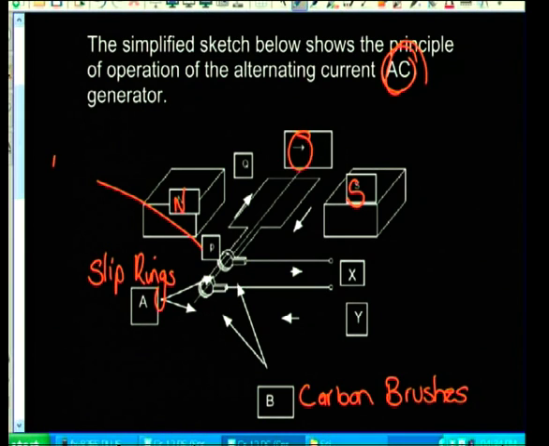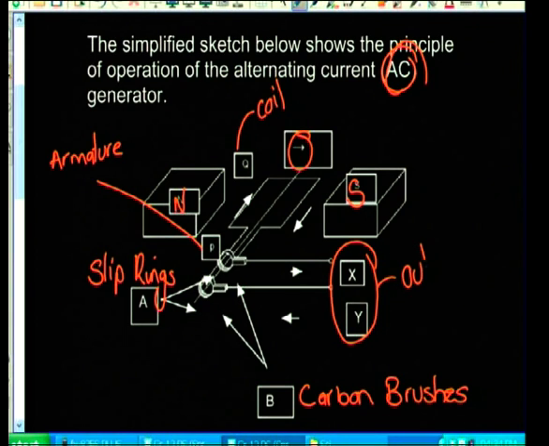It's a little difficult to see, but it's probably the armature. Okay, part Q is referring to the coil, and X and Y together will be the output. Okay, that will go to the external circuits, and now we can't say which one's positive and which one's negative because it's an alternating current, which means it keeps changing direction. Okay, so we go, cool, that's brilliant.